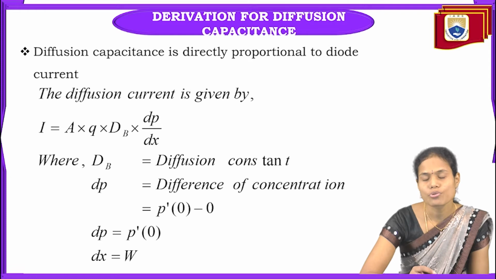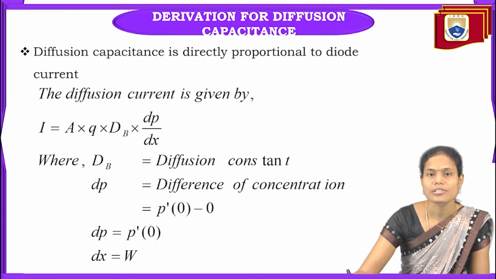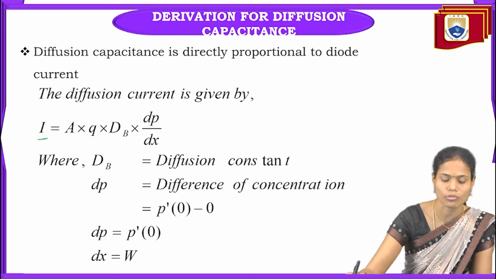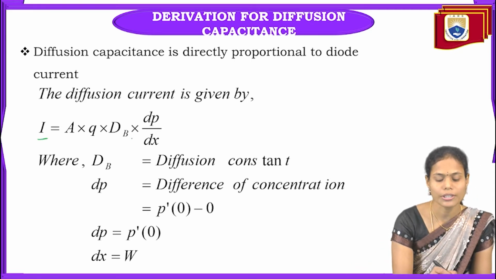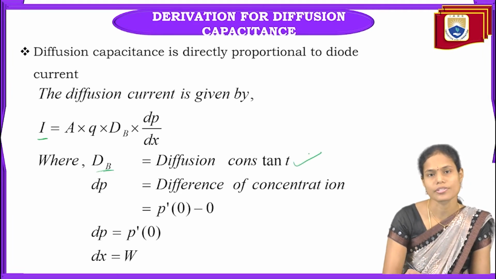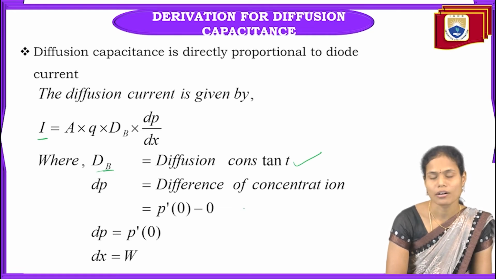Also, this diffusion capacitance is directly proportional to the diffusion current or emitter current. So that's why I am equating the charge developed in the base terminal to the current I. Current I equals A into Q into dB into dP by dx, where dB is the diffusion constant, that is, with how much force the charge carriers are diffusing towards opposite regions. dP is the difference of concentration of charge carriers.